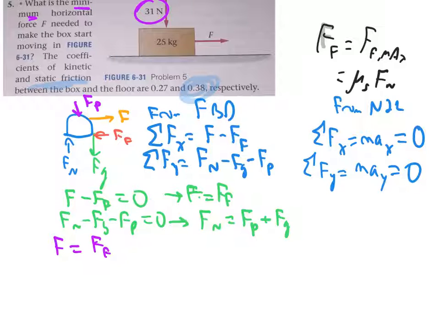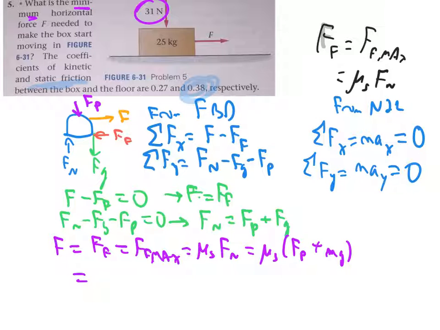So this value of F that I'm looking for is the largest force it can possibly be before it moves. And so the frictional force must be its maximum value, which means it must be mu s times the normal force. So it's mu s times the amount we're pushing down plus the weight.